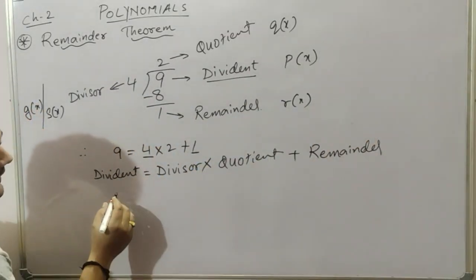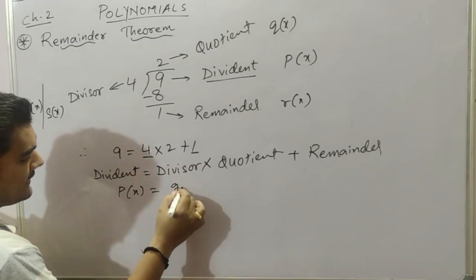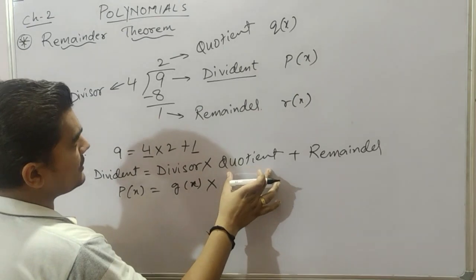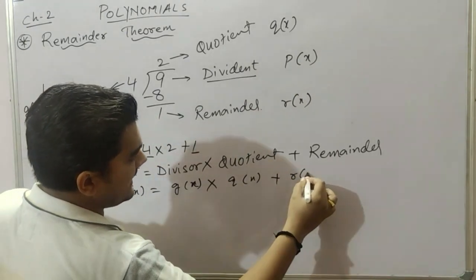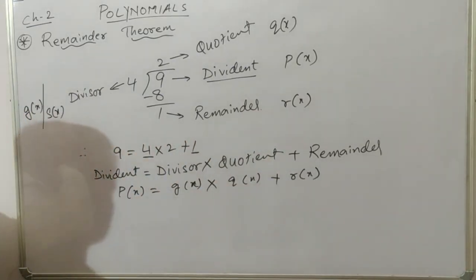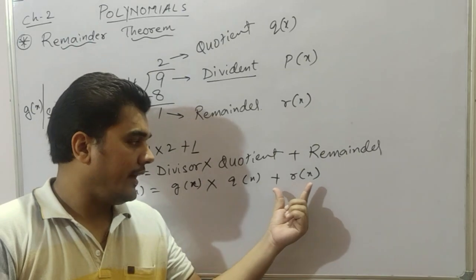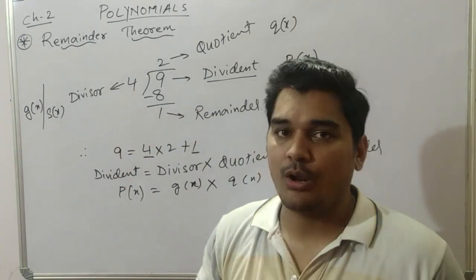So instead of dividend, I can write p of x is equal to g of x into q of x plus r of x. Understood? Now let us take one example.